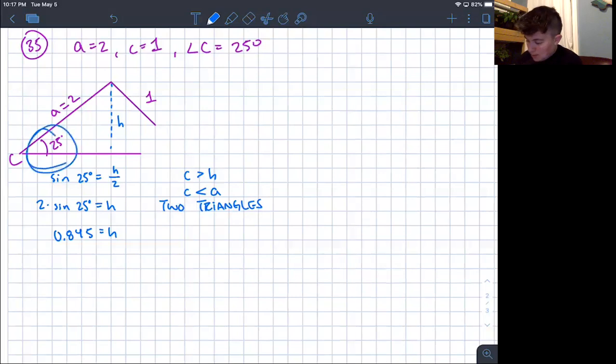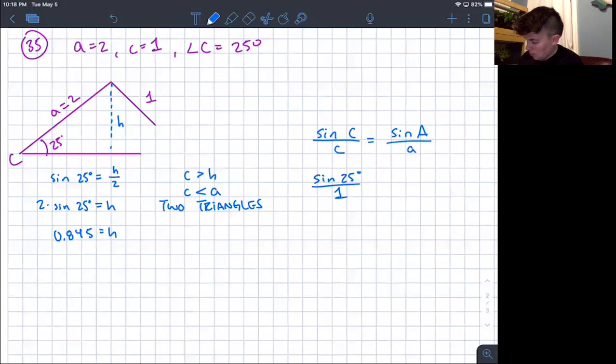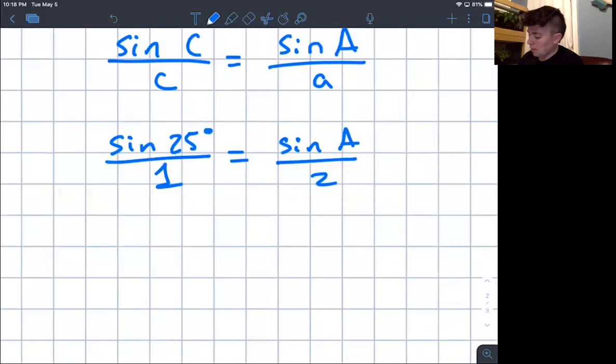I have the angle C and side c, so that's going to be my first ratio. And then I have a, so let's use angle A and side a as our next ratio. The sine of 25 over 1 equals the sine of A, which I don't know, over 2.